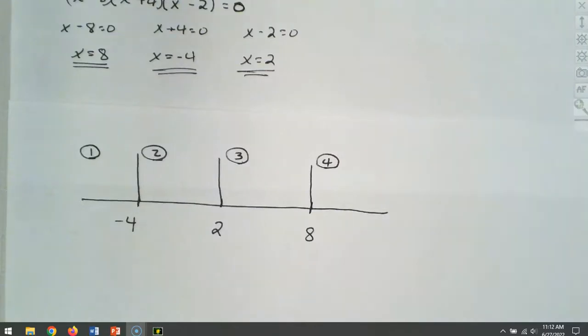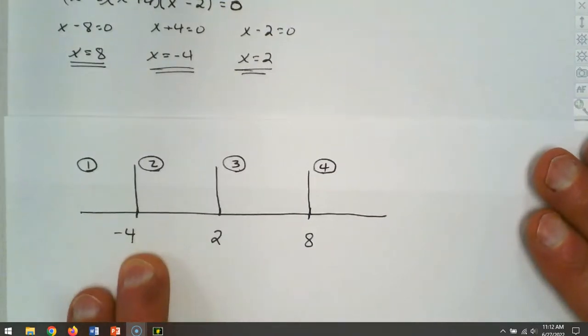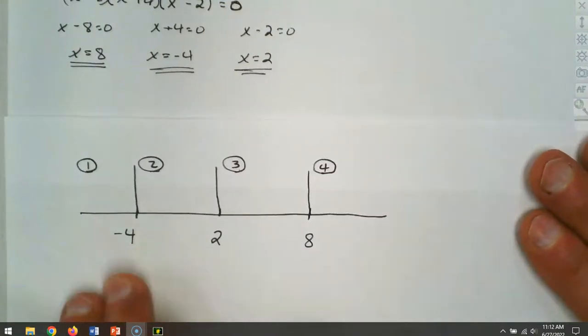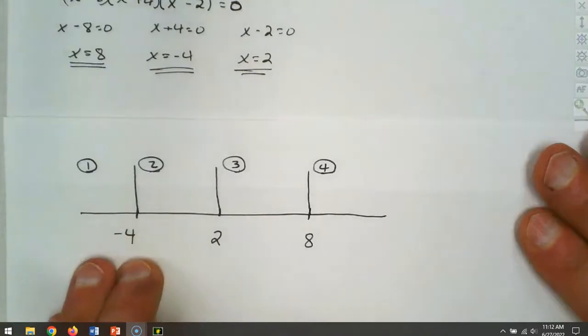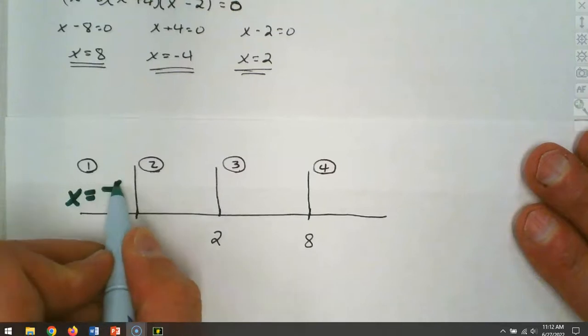Now, we want to pick as small numbers as possible, and whole numbers if possible as well. So we're going to start with region number 1. Region number 1 is for numbers that are smaller, right, because it's back this direction, smaller than negative 4. So the next smaller number would be negative 5.